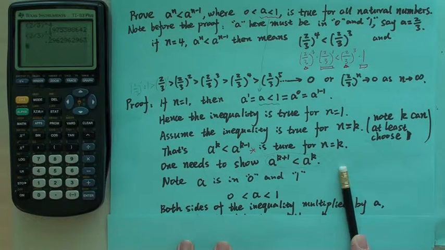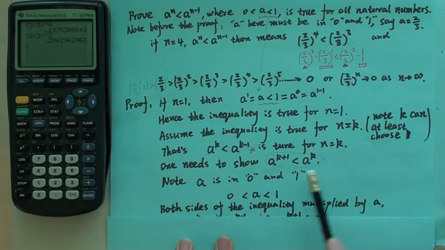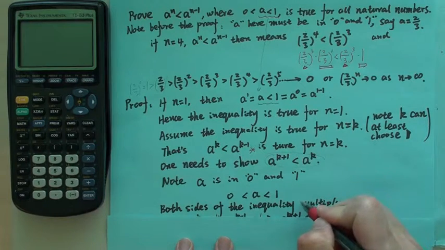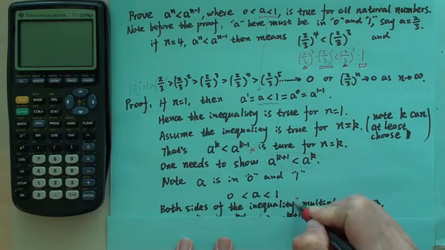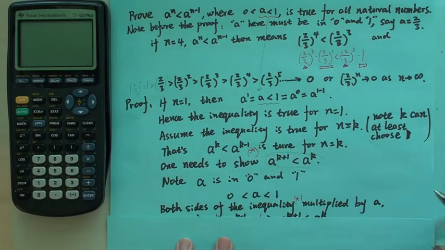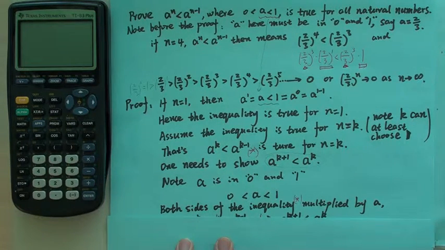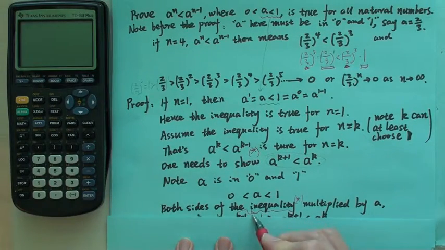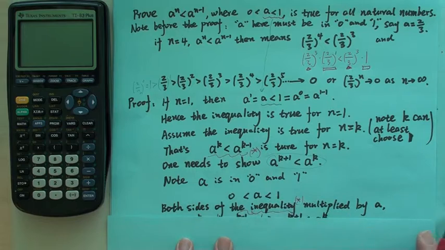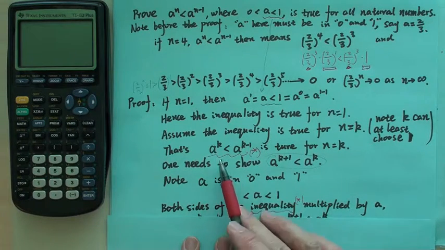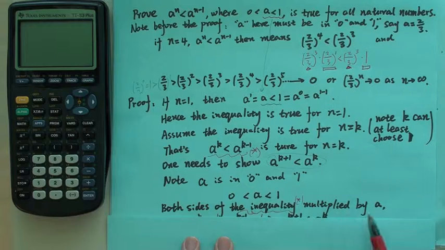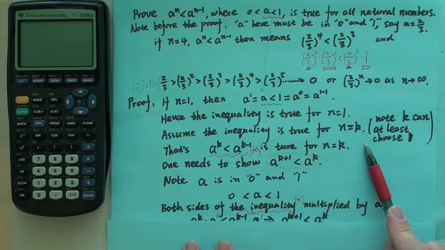What we get is that both sides of the inequality, the inequality marked star, are multiplied by a. What do we get?